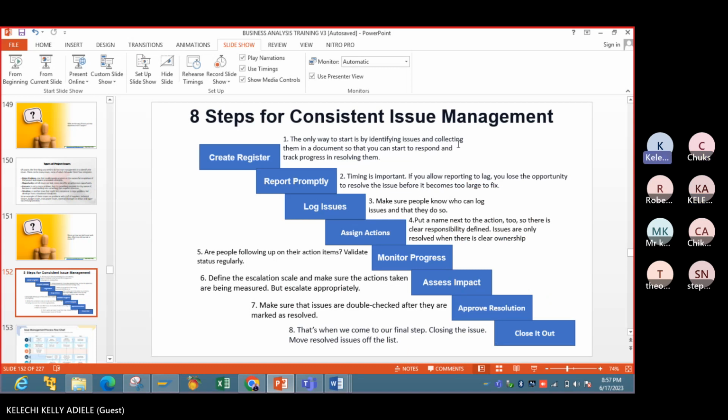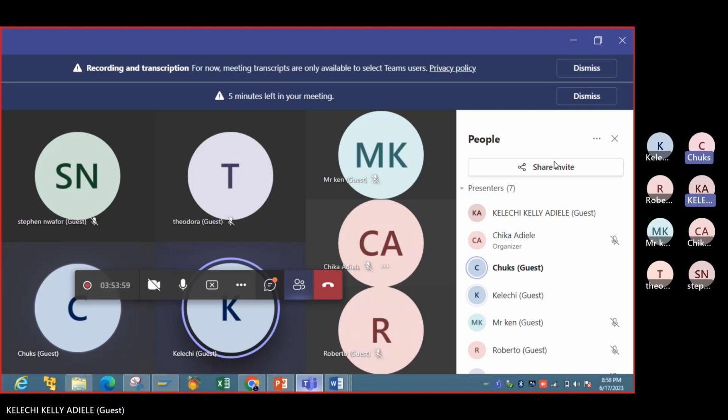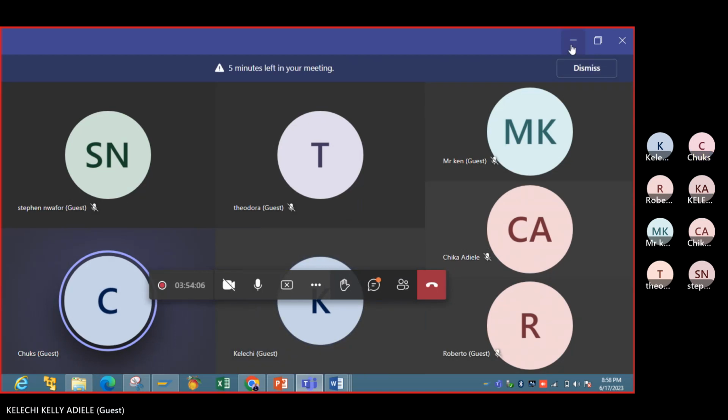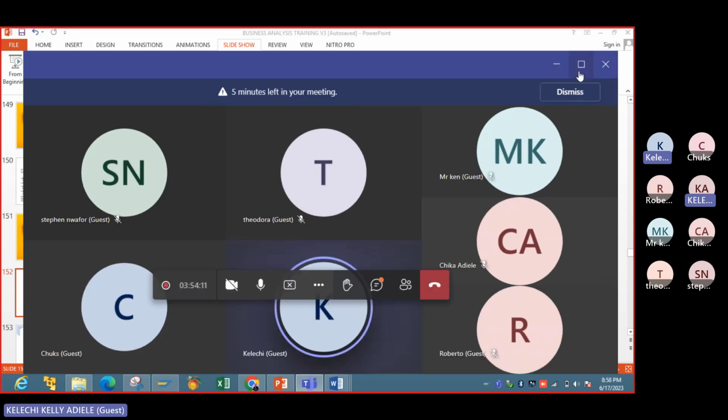Go ahead, Adam. Yeah, sorry, this is just about my viewing. I don't know if there's something I'm doing wrong. There's this taskbar that appears and covers some of the things you're showing me. I've been trying to close it, but I can't close it from my end. I don't know if there's anything you can do. So it covers some of the display.